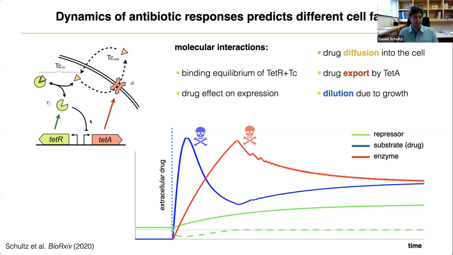In the case of tetracycline, tetracycline diffuses into the cell, it binds to the repressor TetR, and then TetR loses its affinity to the DNA, ending up releasing expression both of itself and of TetA, and then TetA pumps drug out of the cell.